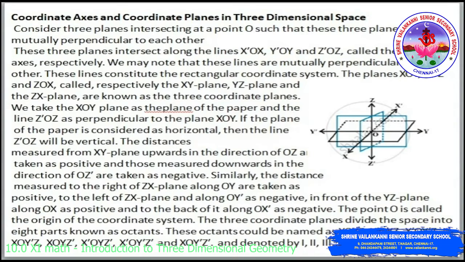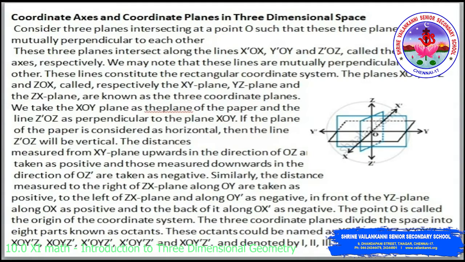We may note that these lines are mutually perpendicular to each other. These lines constitute the rectangular coordinate system. The planes XOY, YOZ and ZOX are called the XY plane, YZ plane and ZX plane respectively, which are known as the three coordinate planes.